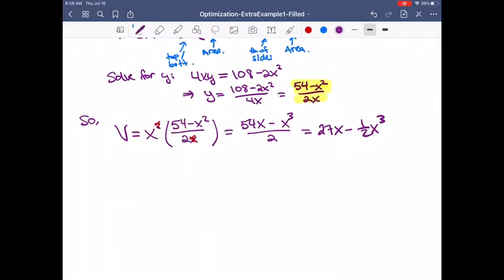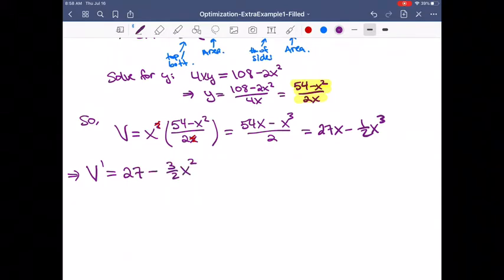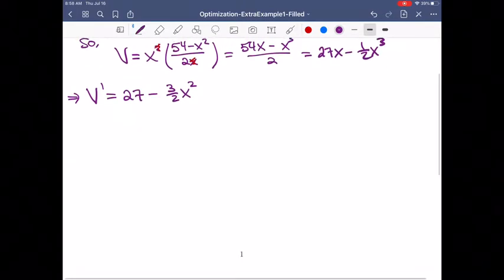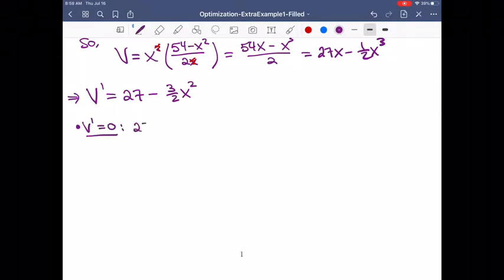Okay, so now we take the derivative. So V prime is going to be 27 minus 3 over 2 x squared. Okay, so we want to find the critical numbers. So we take our derivative and set it equal to 0. So that means 27 minus 3 over 2 x squared is equal to 0. If we solve for x squared, I get 3 over 2 x squared is equal to 27.